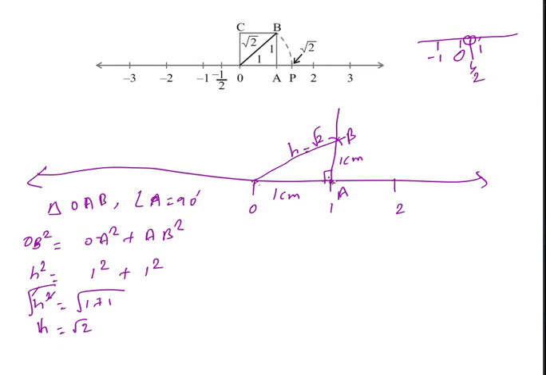Understood what we have done here? From O to A it is 1 centimeter. At the point A we made one perpendicular, and over this perpendicular we drew an arc of 1 centimeter.